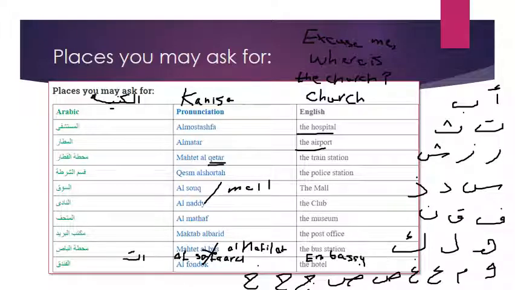So as-safara with ta marbuta. So these are the places you may ask for, and as we tackled in the previous slide, the ways we might use to ask for directions.